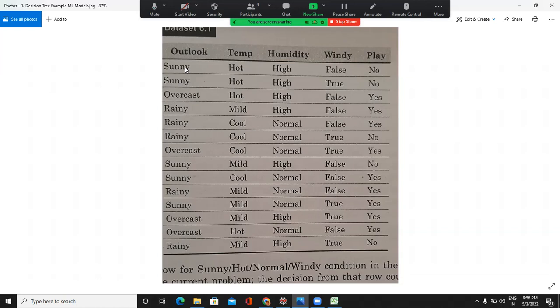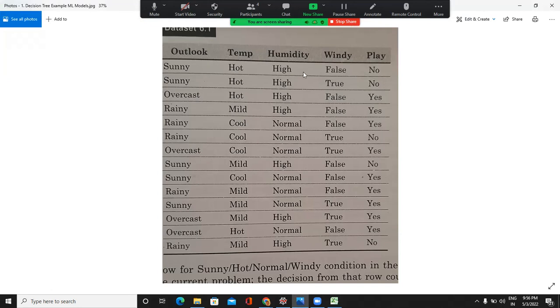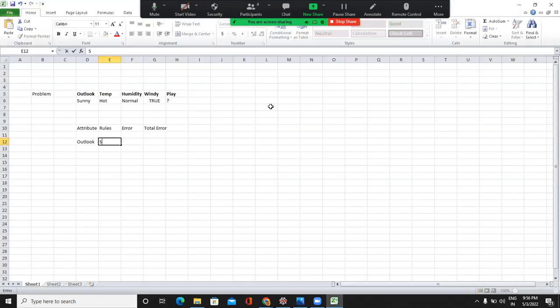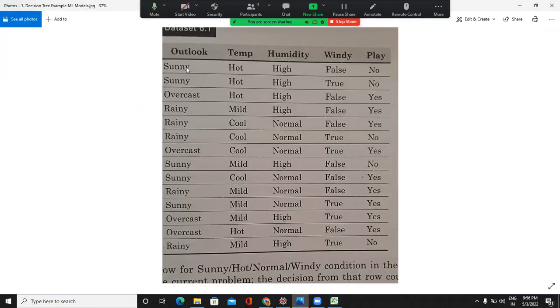Say sunny we take, and we say that when it is sunny, the decision is no. If we put that as a rule, sunny and no, the play decision is no, then how many times will we be correct? Sunny and decision no. Here sunny, decision no. Here sunny, decision no.